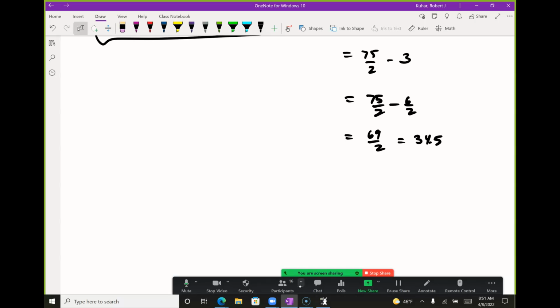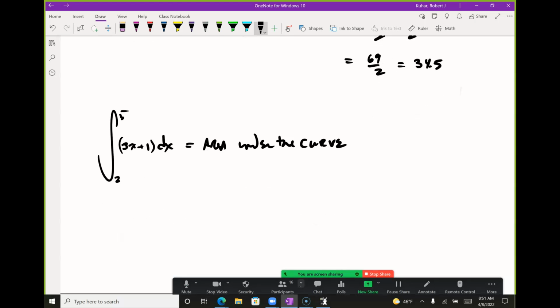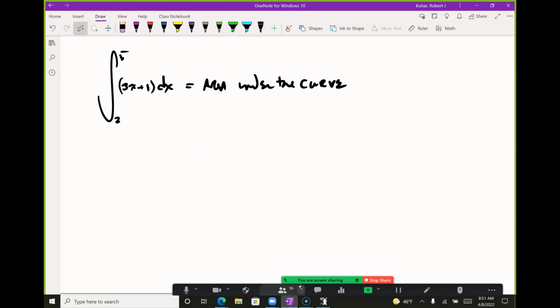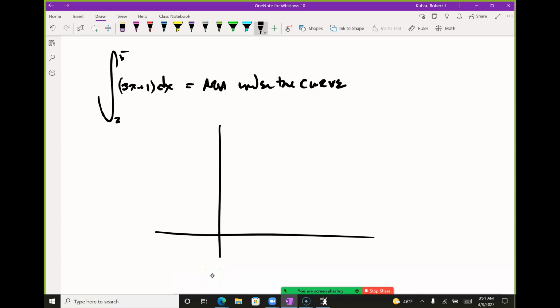So looking at that picture, the integral from 2 to 5 of 3x plus 1 with respect to x is the area under the curve. By the way, under what curve? The curve of 3x plus 1? Yes, the derivative's curve.